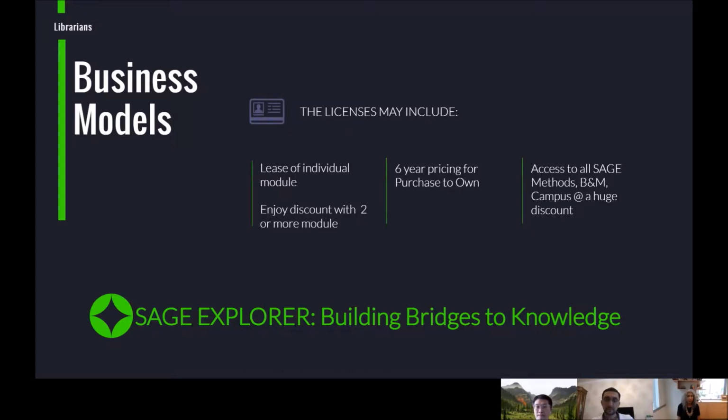Right? So the last one answers your question, which is actually Explorer, building bridges to knowledge, where if you want to buy all of the methods content or all of the business and management content or all of the campus, we do have a pricing model, for example, someone will pay $500,000 US.